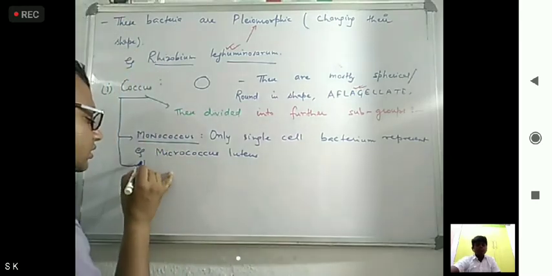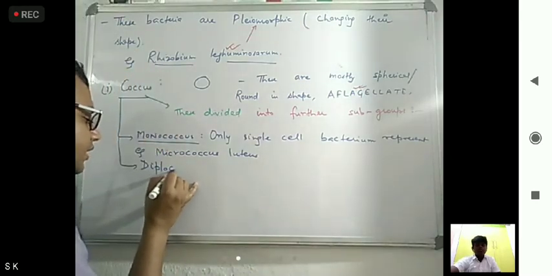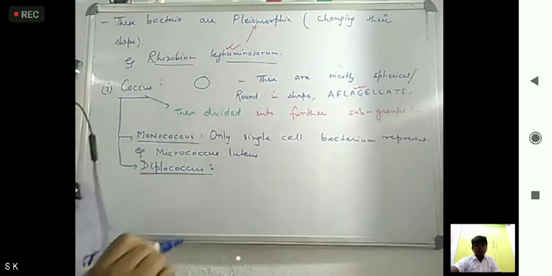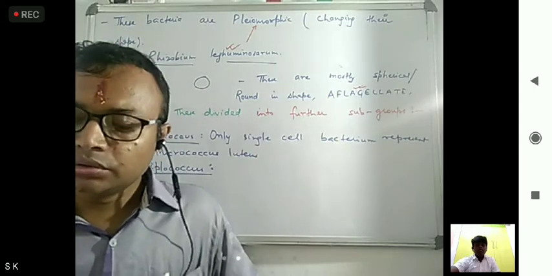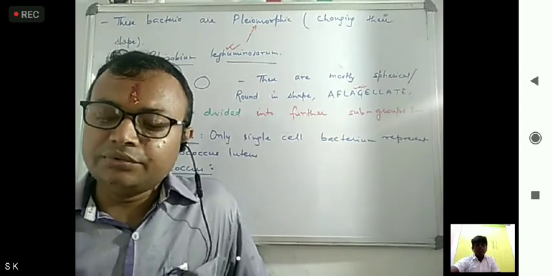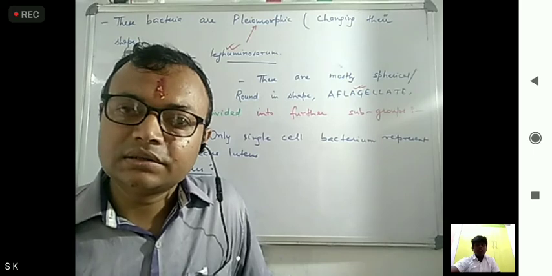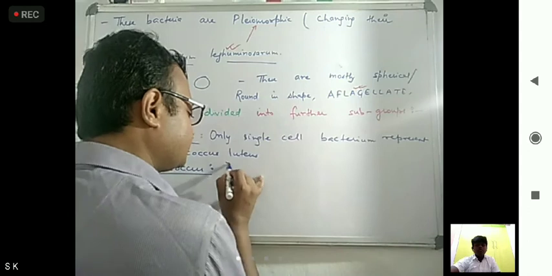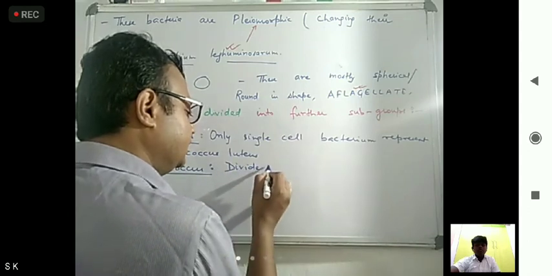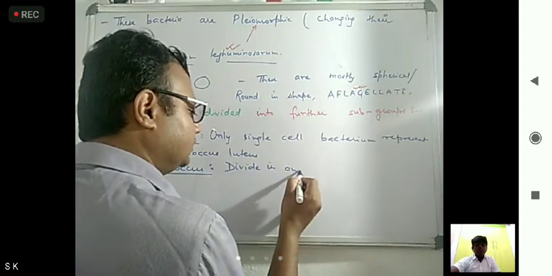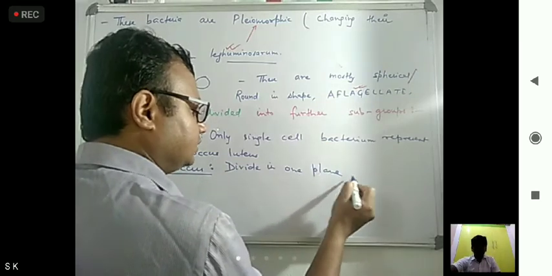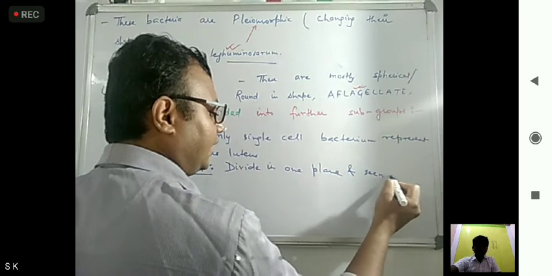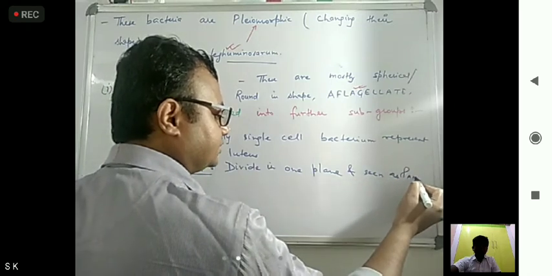First is monococcus, next is Diplococcus. Now diplo or di means two. So what we can say: divide in one plane and seen as pairs.